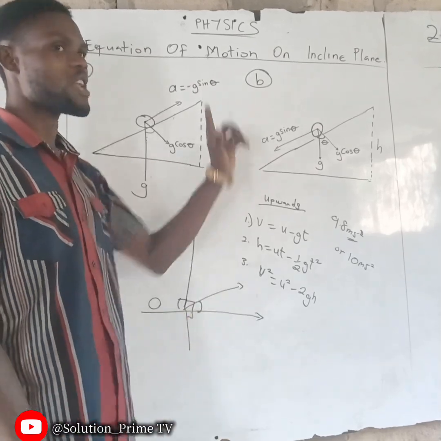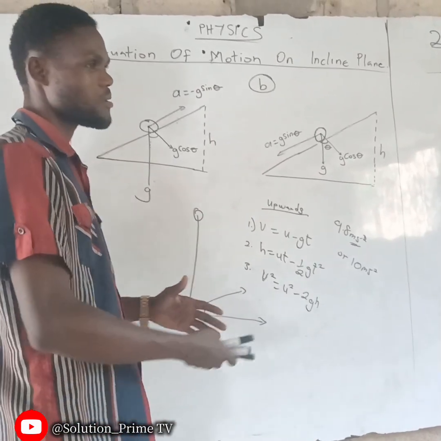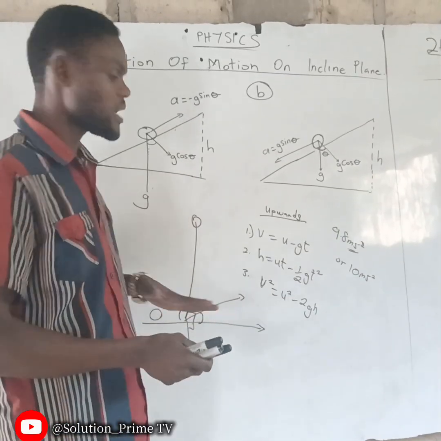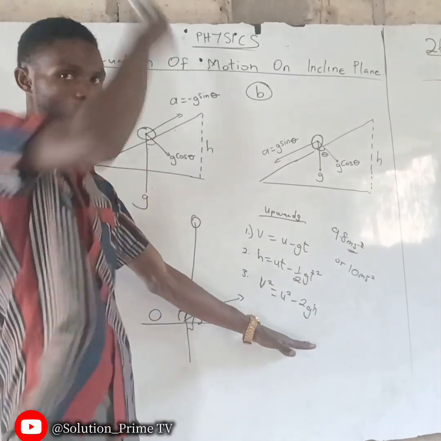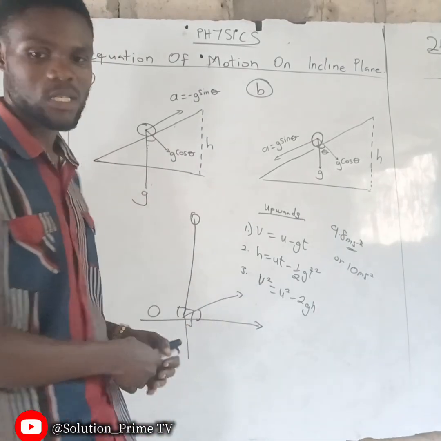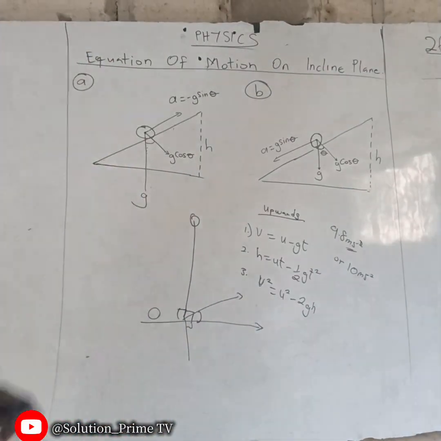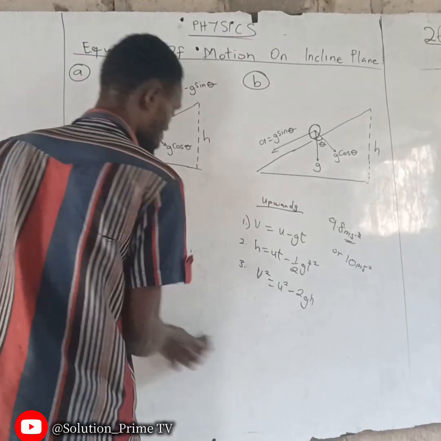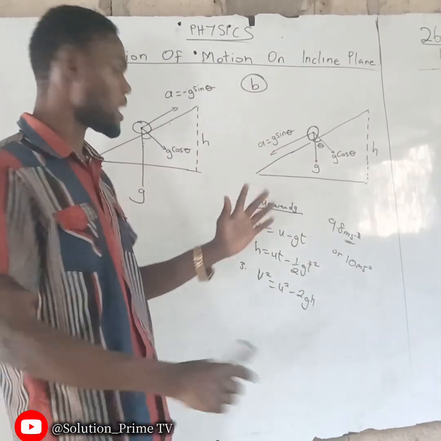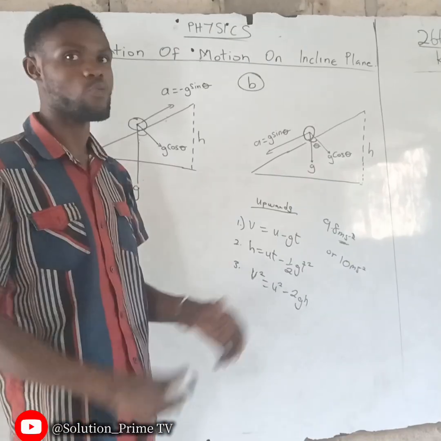When the body is moving upwards, we don't consider the horizontal line. If your body is moving in a horizontal line, we don't consider the vertical line. So this is motion in an inclined plane. For upwards without any angle, the body moves in a straight direction.